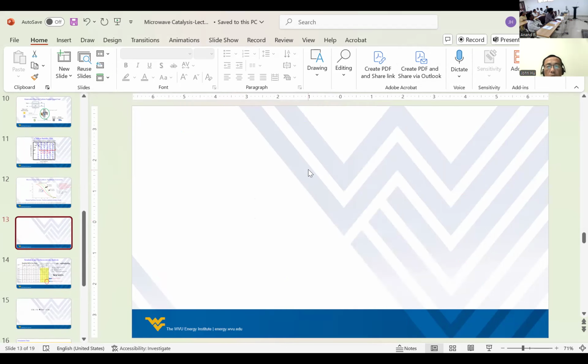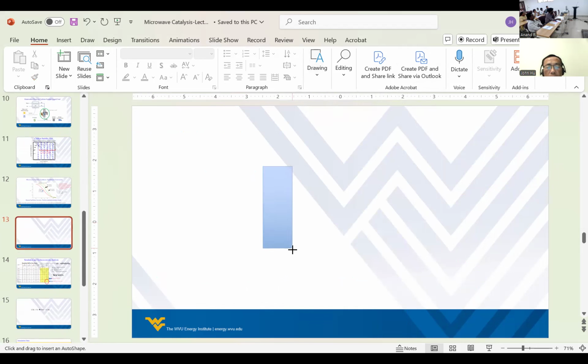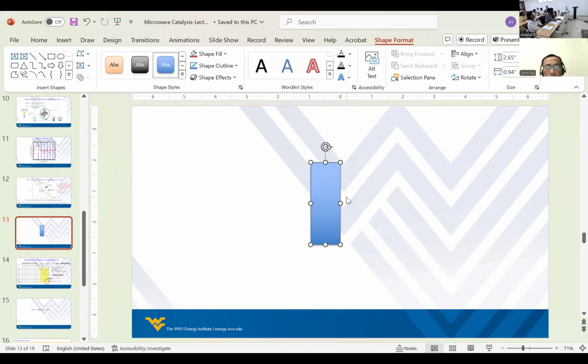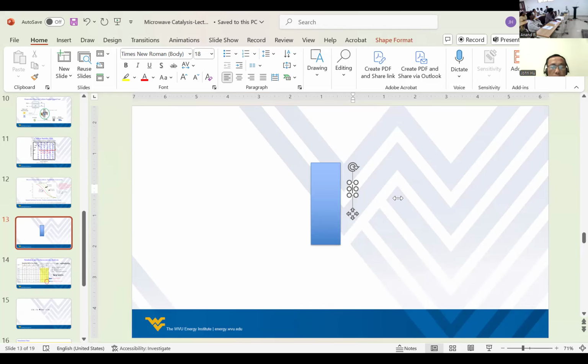Okay. So this is your reactor, and then this is, let's say, the ammonia reactor. Okay.